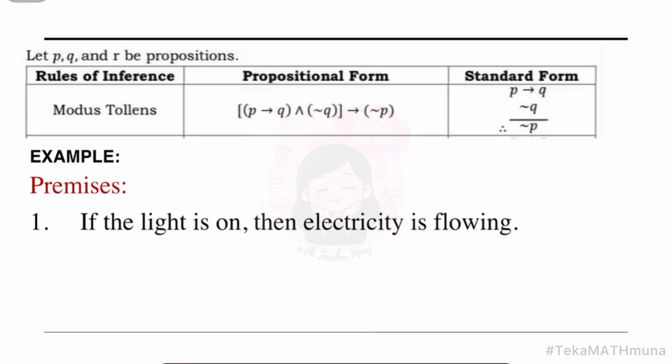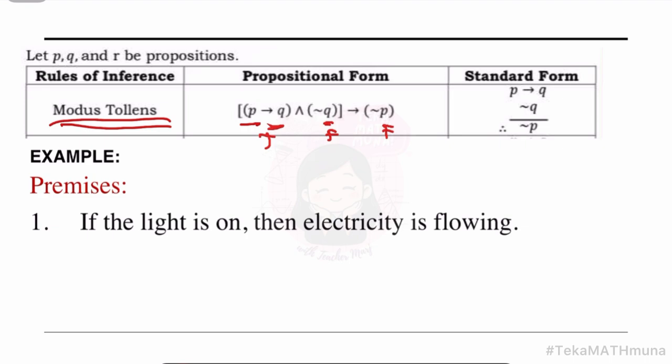Next, modus tollens. The opposite of modus ponens is modus tollens. It says that if P then Q is true and Q is false, then P must be false.